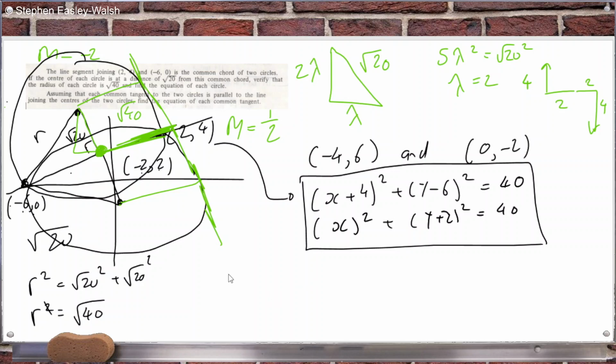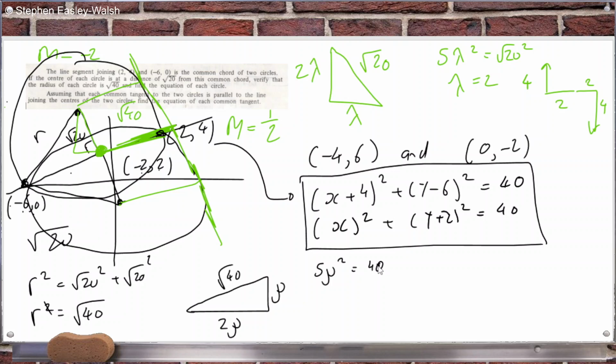So this one here, the triangle is a little bit different. The slope of it is a half. So that's 1. So we'll say that's mu, and that's 2 mu. And the radius has to be √40 here. So you get 5 mu squared equals 40.